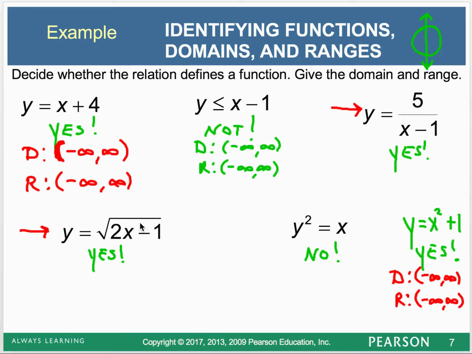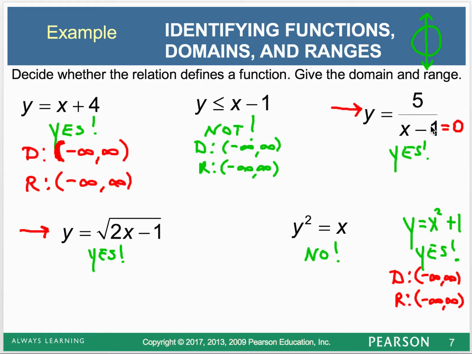Okay, so my problem here is denominators cannot be zero. All right, domain, remember, means x's. Domain means x's. So I'm asking myself, is there anything that x cannot be? Yes, it cannot make a denominator zero.